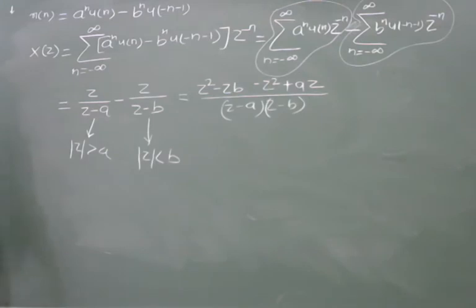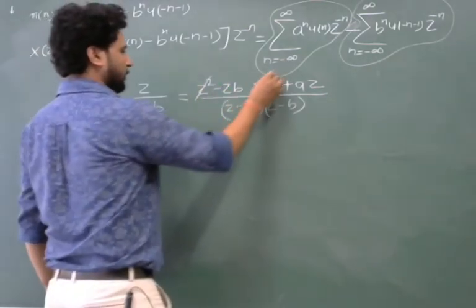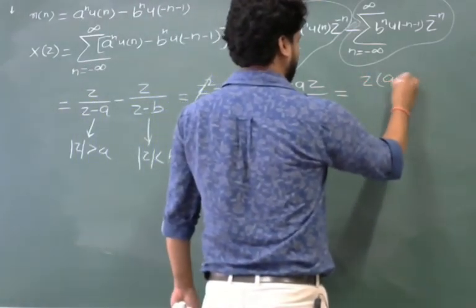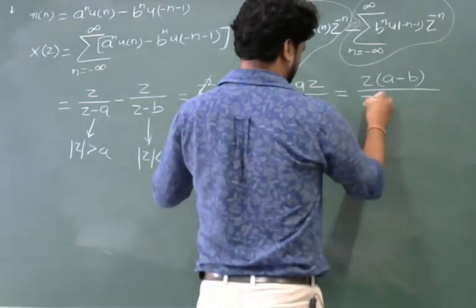So z square and minus z square will cancel each other, and this will become z into (a minus b) upon (z minus a) into (z minus b).